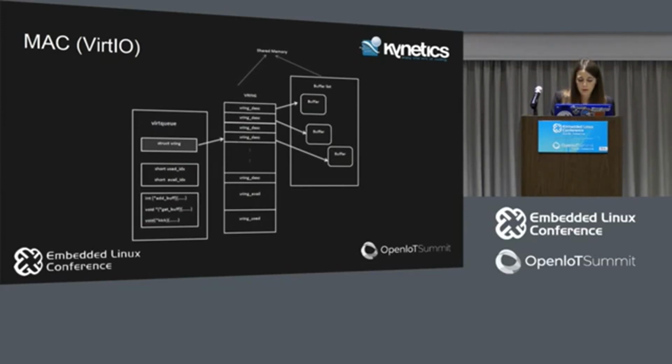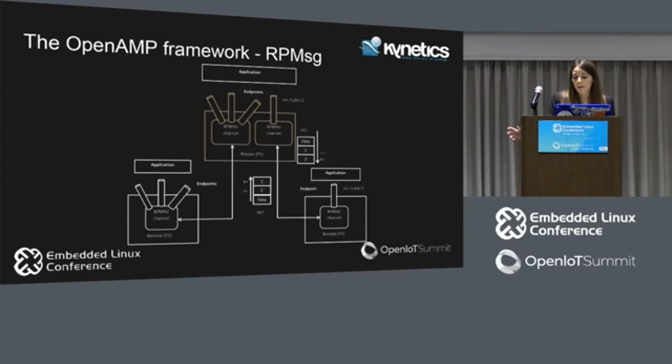And the VirtQ that we see here on the left is a user abstraction that provides access to this VRing structure and provides some APIs as well. So our rpmsg component uses this VirtQ abstraction to send and receive messages in the form of buffers in shared memory.